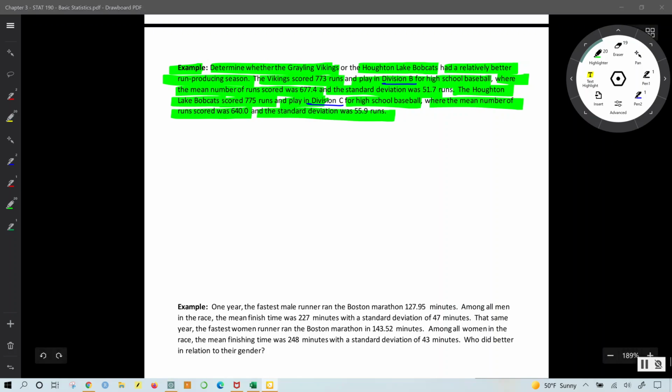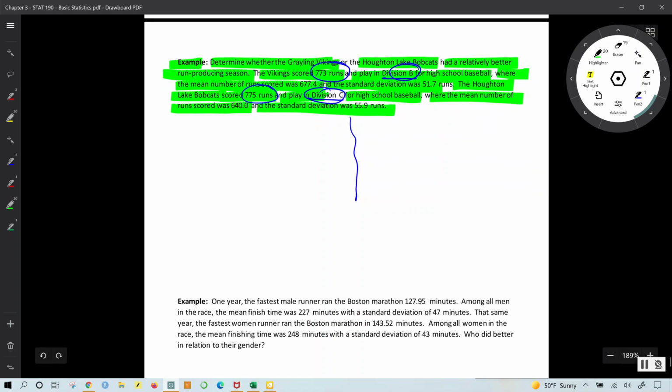In order to answer this question, the first note we should make is that they play in different divisions. So, with the different levels of difficulty, we cannot compare the raw number of runs. That would not make any sense, since the different divisions have different difficulty levels and different existing circumstances.